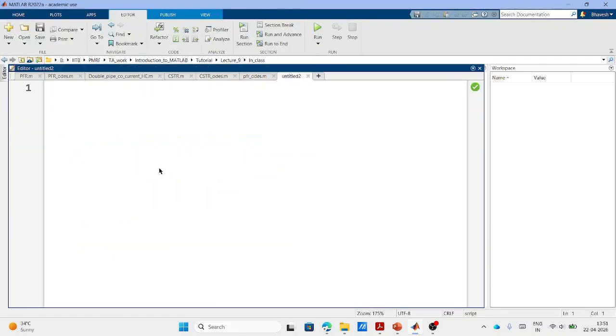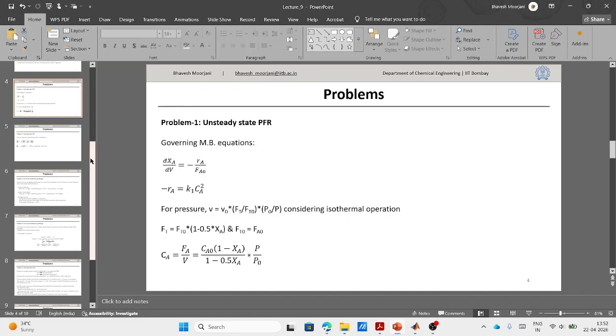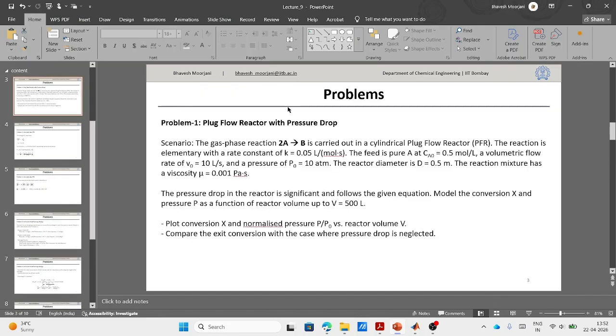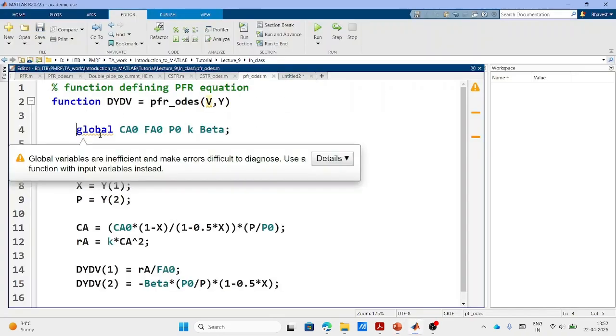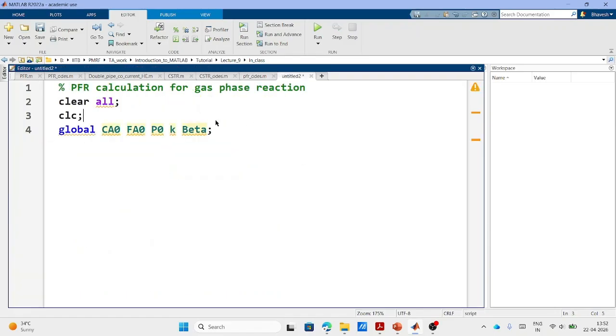Then let me create a new file which shows the PFR calculation for the gas phase reaction. First, remove all the variables, clear the window. Now, the first thing I will do here is create the global variables which were defined in this part. So copy paste, and the global variables are created.